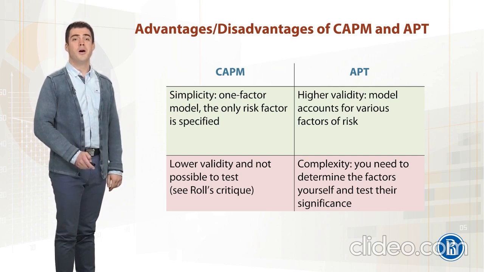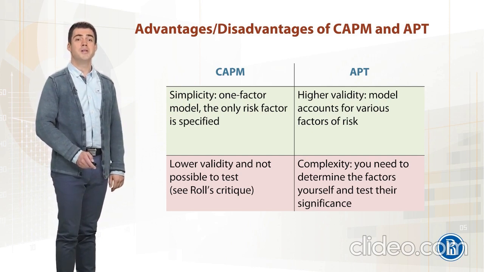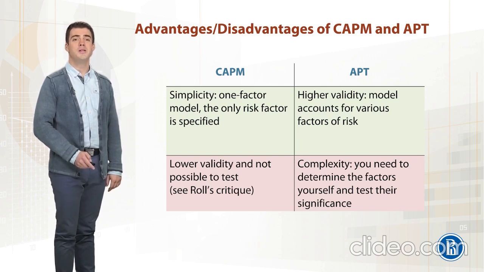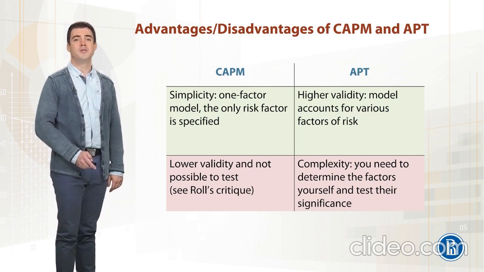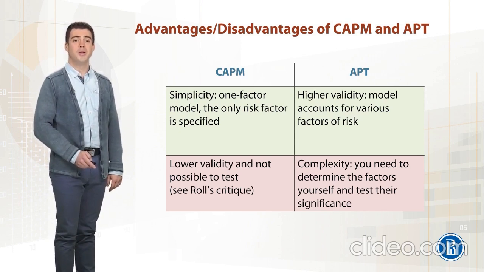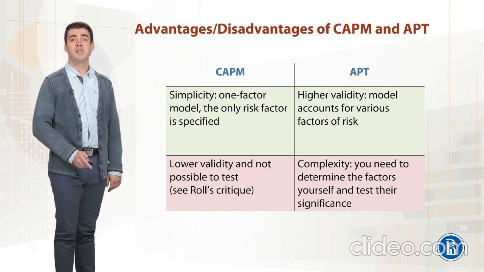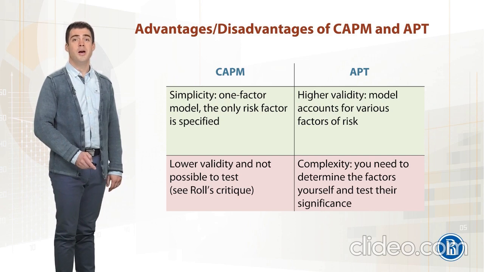For example, the main merit of the CAPM is simplicity. Indeed, as we have already discussed, this is a one-factor model which has been formally derived, with the only risk factor which is specified and can be estimated easily.